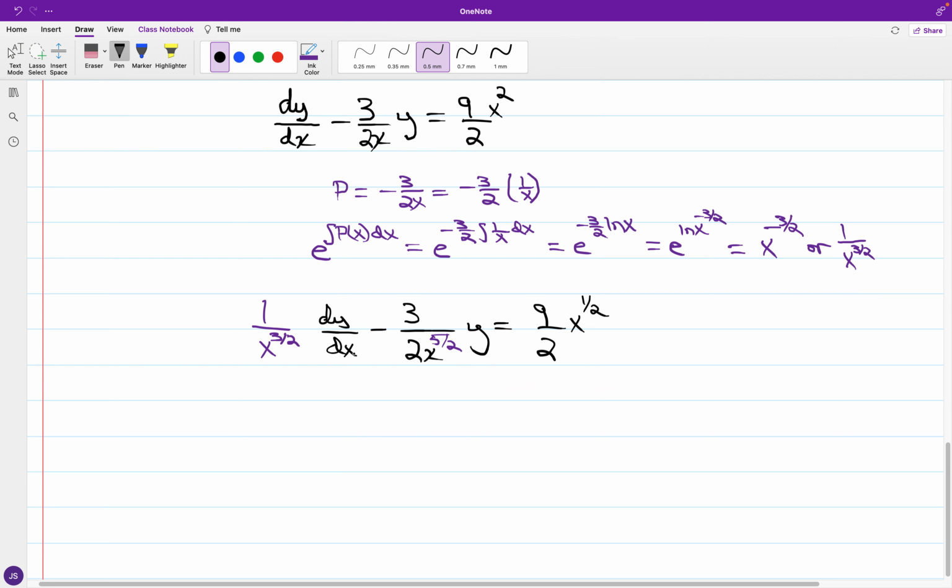And again, if you don't care to do all the multiplication on the left-hand side, just note that those two terms will form the expansion of the derivative with respect to the independent variable of taking the product of the integrating factor times the dependent variable.